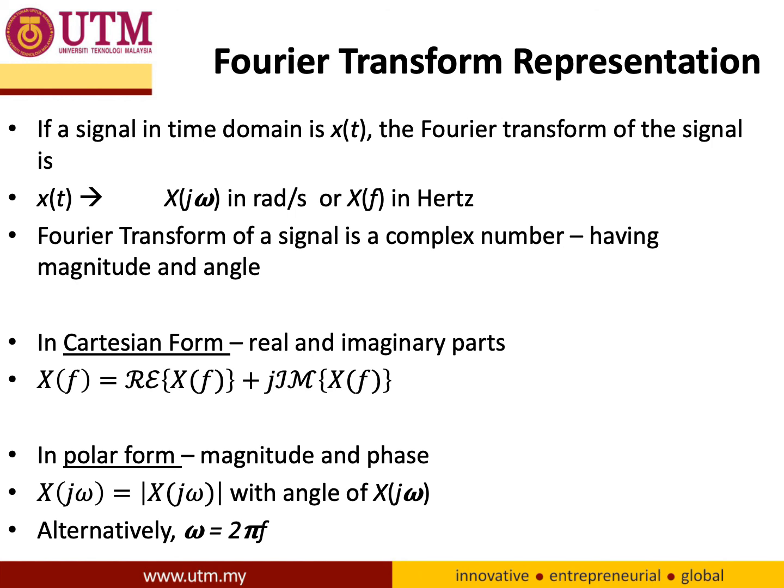For example, capital X(f) for the Fourier transform of the signal equals the real part of the Fourier transform plus j times the imaginary part. In polar form, it includes magnitude and phase. For example, if we have the equation for the Fourier transform of a signal, we can convert it into the magnitude with angle of X(j omega), where omega is equivalent to 2 pi f.